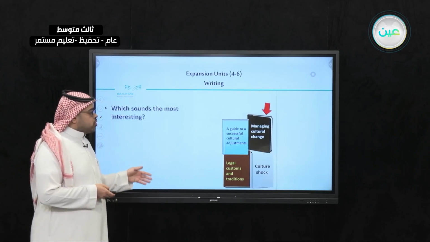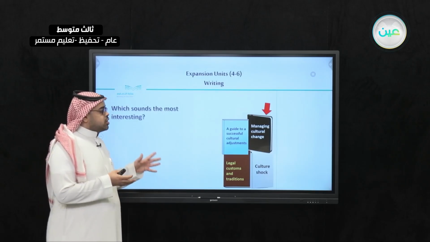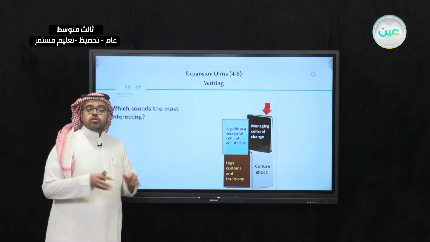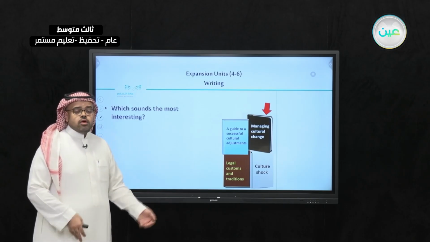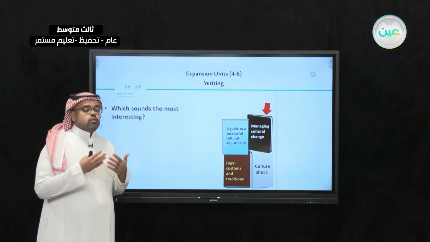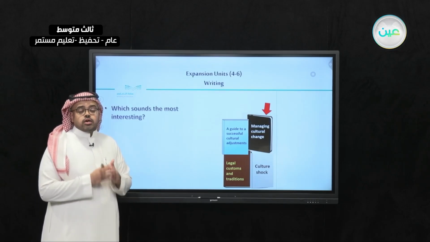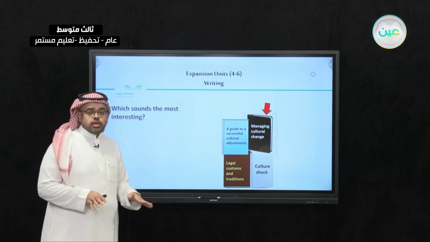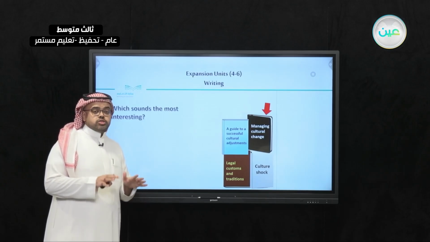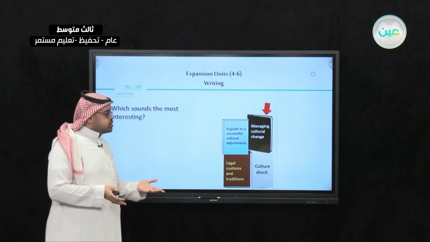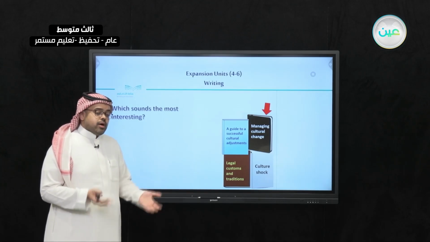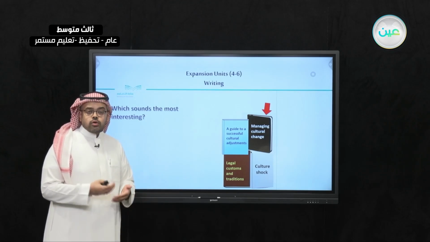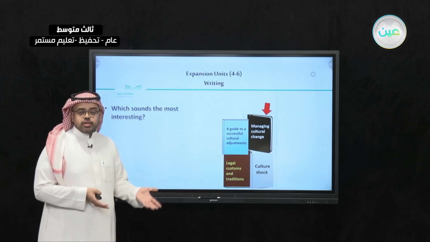And the third book we have is Managing Cultural Change. Of course, as we have learned, when you go to a different place or different country, you will 100% face cultural change. So what about that change? Do you think that it needs to be managed? Do you think that you need to read about what you should do in order to manage such change?